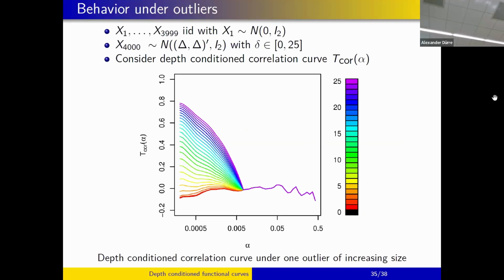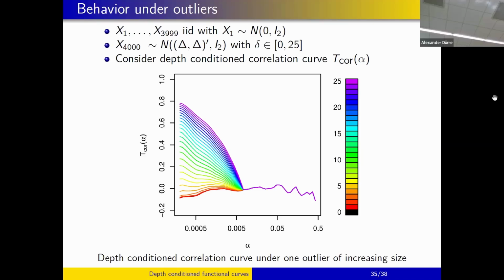Now we see how much our depth conditional correlation curve is influenced by outliers. So we go back to the correlation estimation. Bivariate normal distribution, no correlation. This is the red curve, and it's flat, like it should be. If you go with the normal distribution to the borders, there's still no dependence.